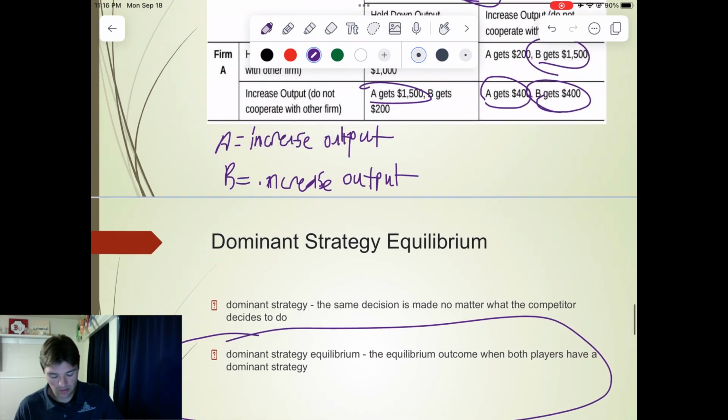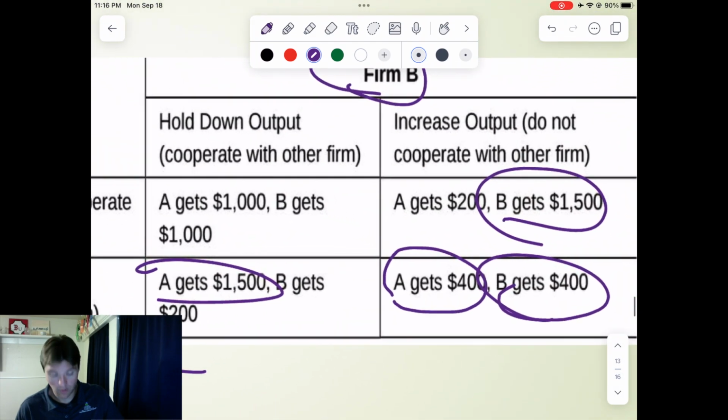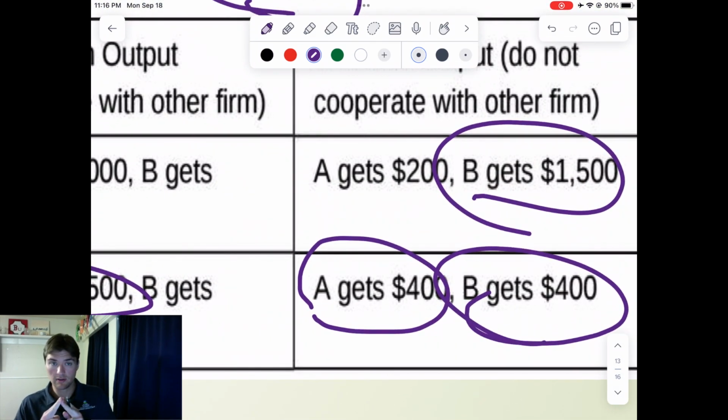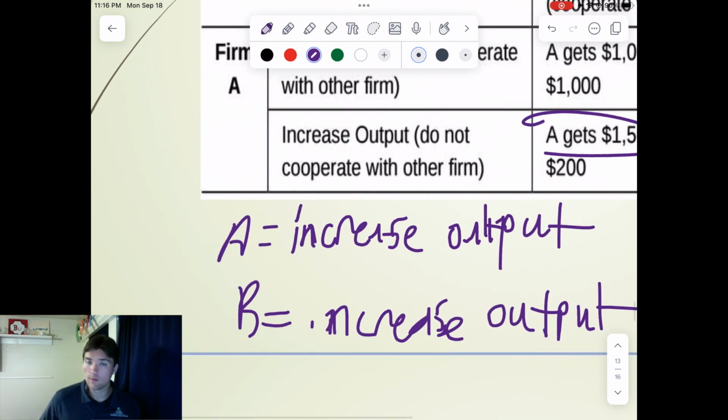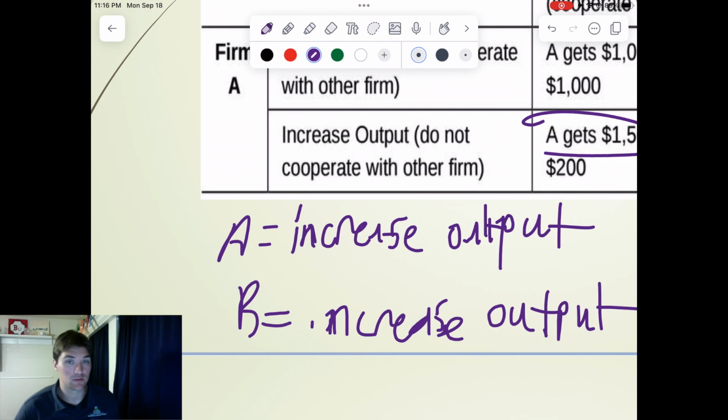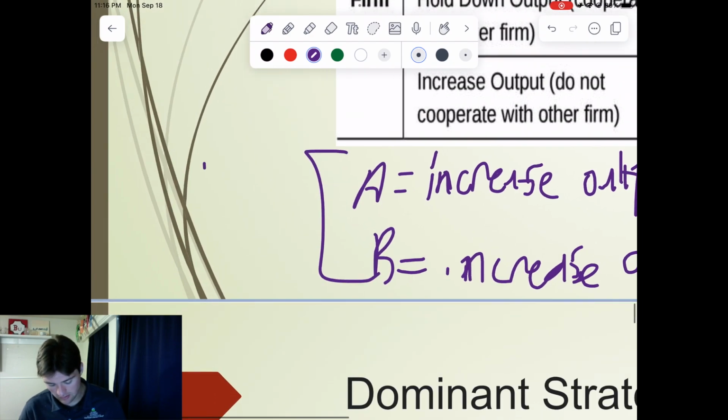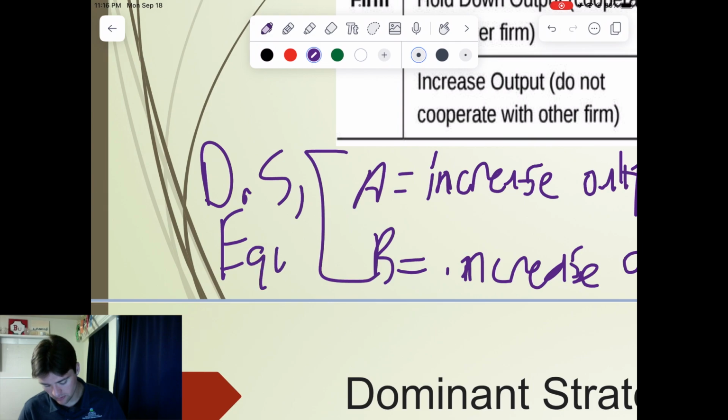And so when we come to an equilibrium where we have the two circles next to each other, like an equilibrium, that is a dominant strategy equilibrium. So therefore, if A always increases output, that's a dominant strategy. And if B always increases output, therefore together, this is a dominant strategy equilibrium.